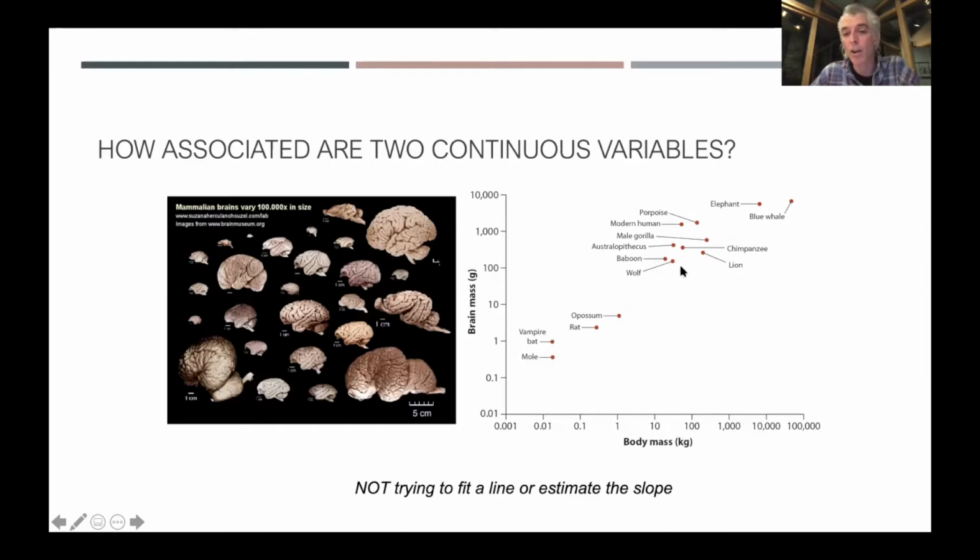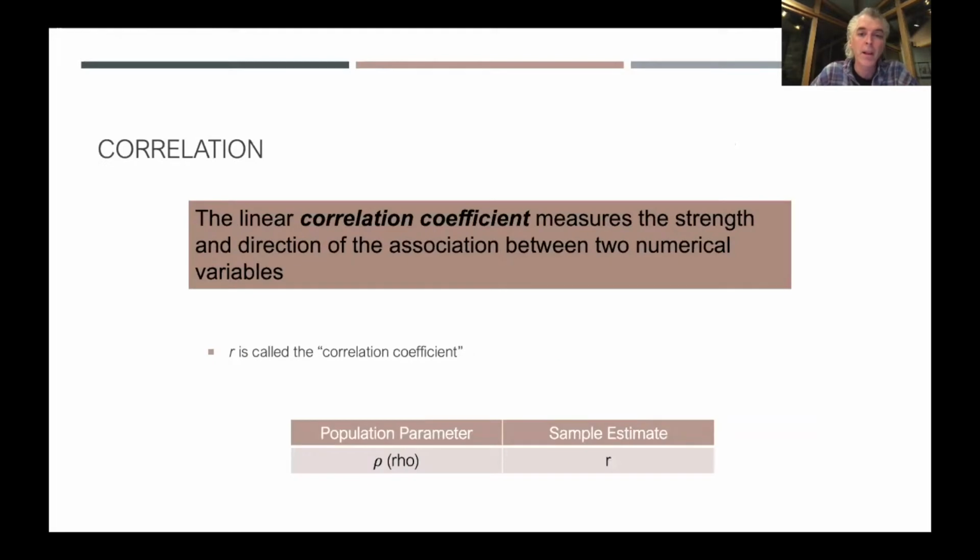And it looks like overall there's a positive association where the larger the body mass, the larger the brain mass. Now, in this case of a correlation, we're not really interested in trying to fit a line or to make predictions about brain mass from body mass. We're just trying to assess whether there's an overall association between these two variables. And that's what's referred to as a correlation.